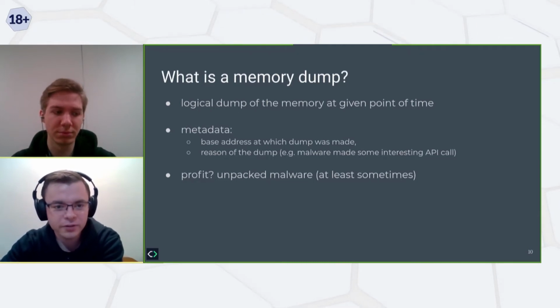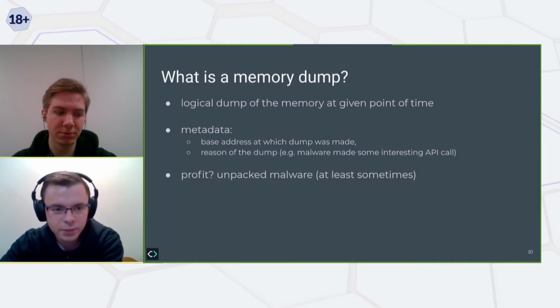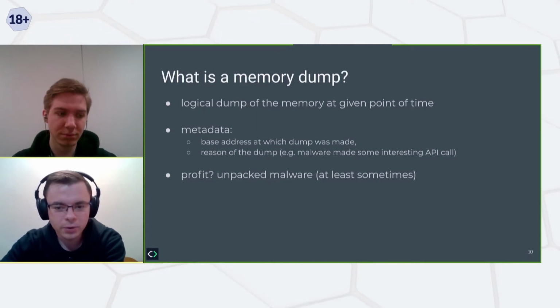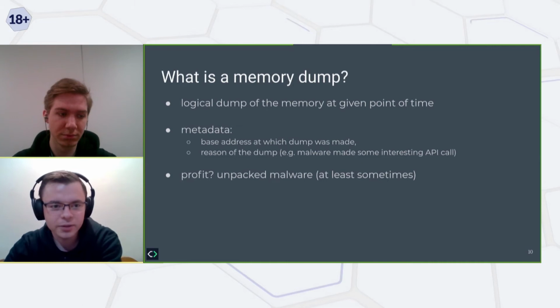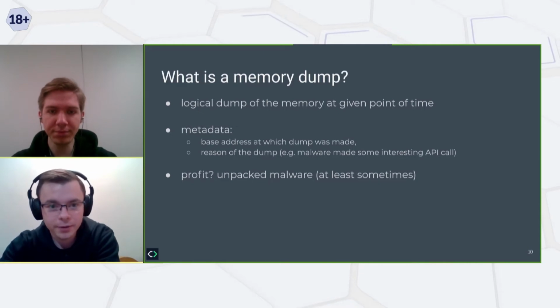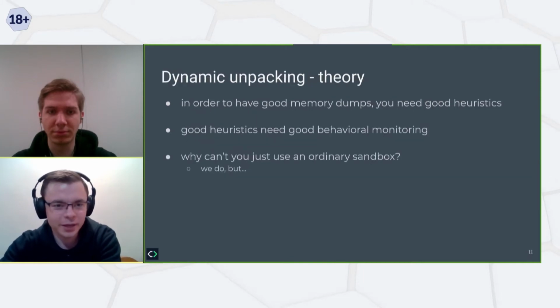For instance, the malware made some interesting API call at this particular moment, so we are making a memory dump because we believe that this malware is already unpacked. So maybe we will find the unpacked executable inside the memory dump. And the profit of this very tedious process is that we get an unpacked malware, or at least sometimes.